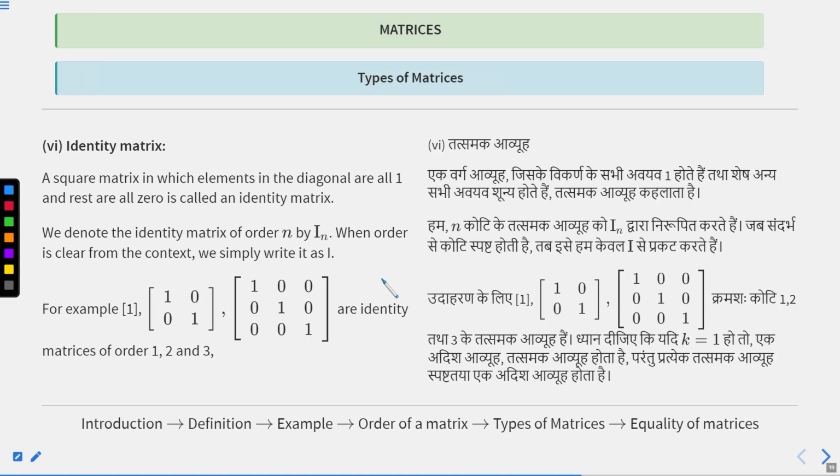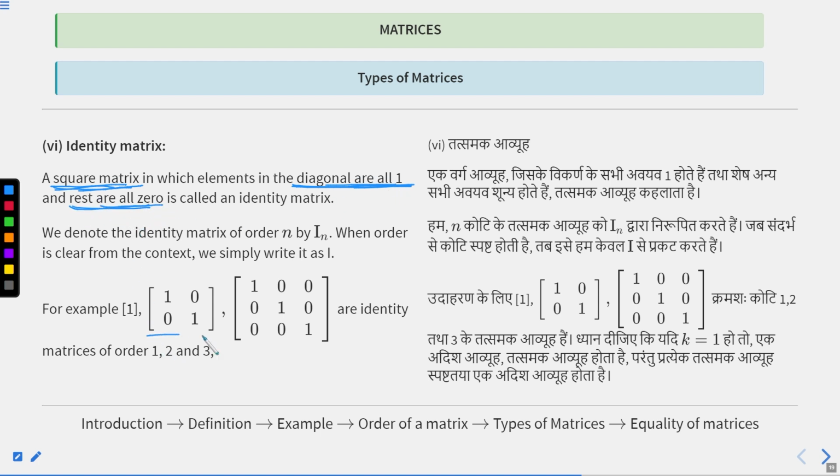Now identity matrix. What do we mean by identity matrix? It is a square matrix in which the elements on the diagonal are all 1. So diagonal entries must be 1. Identity matrix means a square matrix in which diagonal elements are all 1 and the rest are all 0.